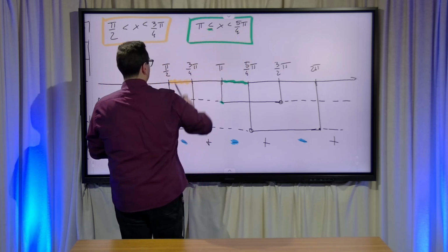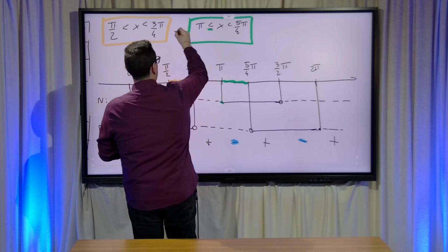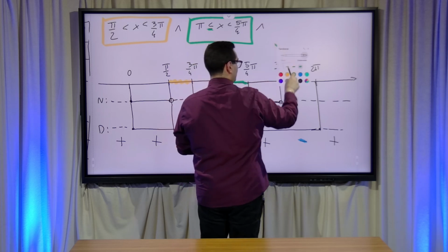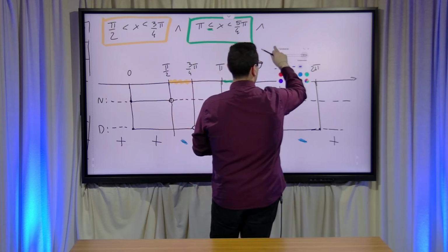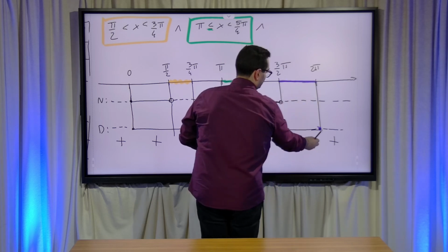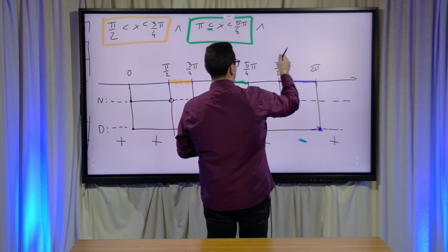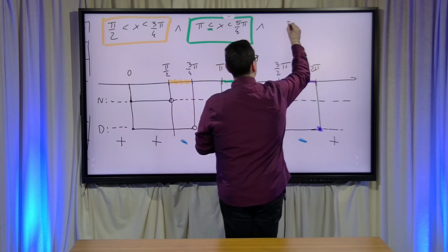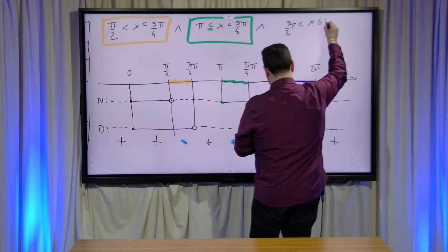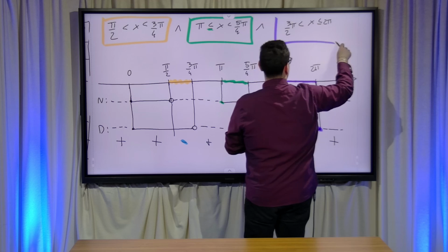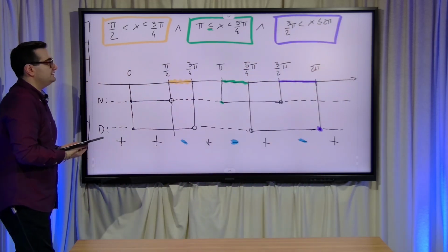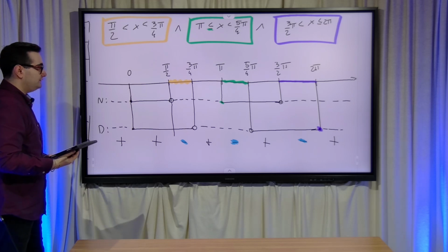So this is the second solution. And I have a third solution given by this range. And I have also an equal sign here. So these are the solutions of the inequalities.